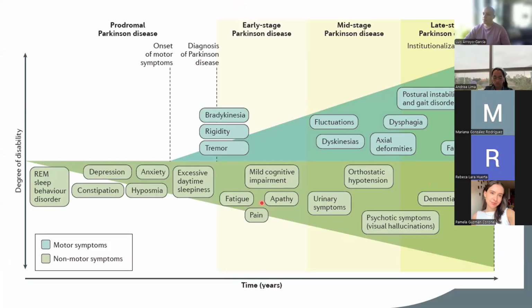Do you know the difference between mild cognitive impairment and dementia? Mild cognitive impairment is when the patients start forgetting basic stuff, but they are not completely lost in their thoughts, like in dementia.